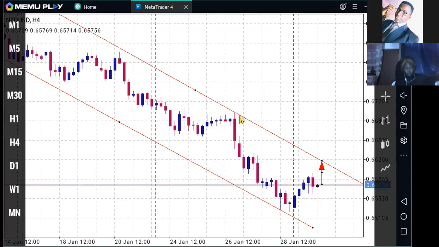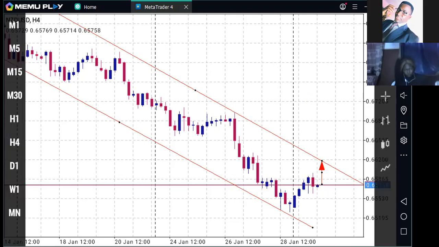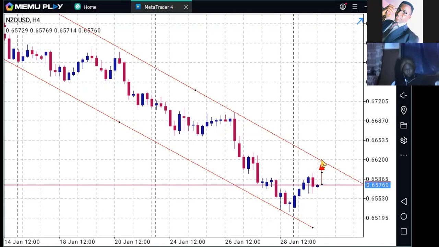That line, since we have a touch here, this is moving sideways in relation to this. So we're expecting there could probably be a reaction if price hits that line.